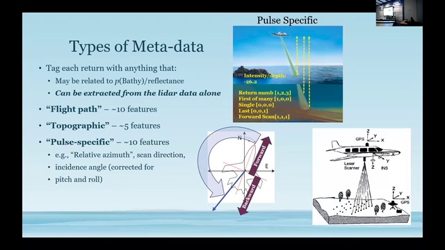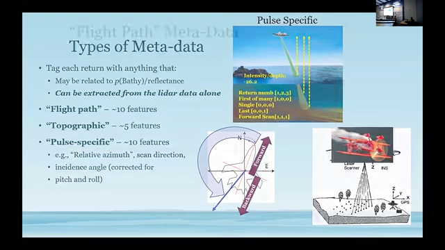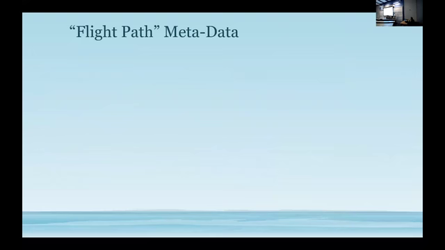This happens to be a push broom scanner or a side sweep scanner, but the principle is the same: if the plane is pitching or rolling or yawing, instead of the maximum being a 20-degree angle, the incidence angle with the ocean may be quite different, particularly since some of the data are sometimes collected when the plane's like that. All right, so that's the pulse metadata.